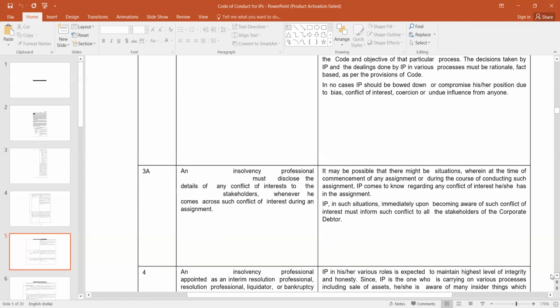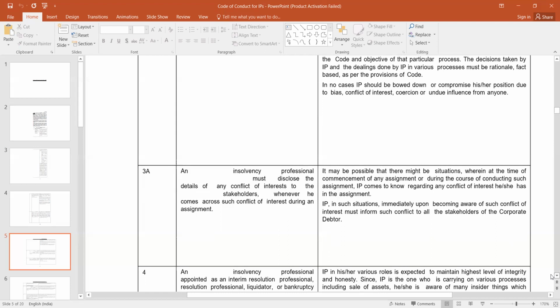So it may be possible that there might be situations where at the time of commencement of any assignment or during the course of conducting such assignment, IP comes to know regarding a conflict of interest she has in the assignment. IP in such situations, immediately upon becoming aware of such conflict of interest, must inform such a conflict to all the stakeholders of the corporate debtor.